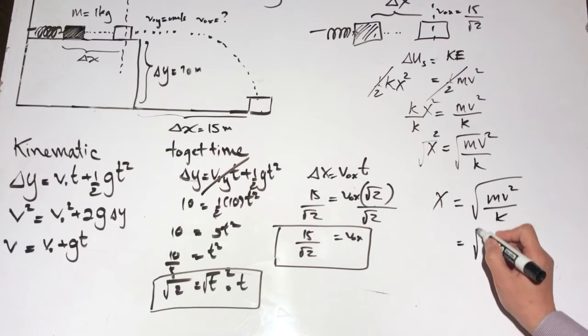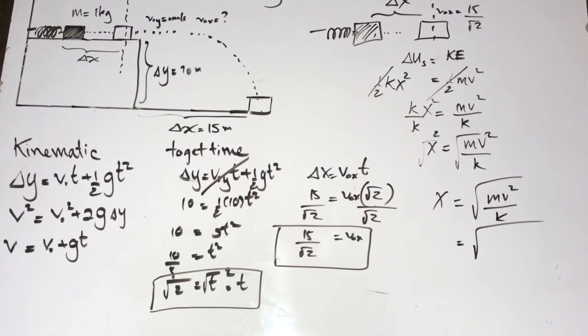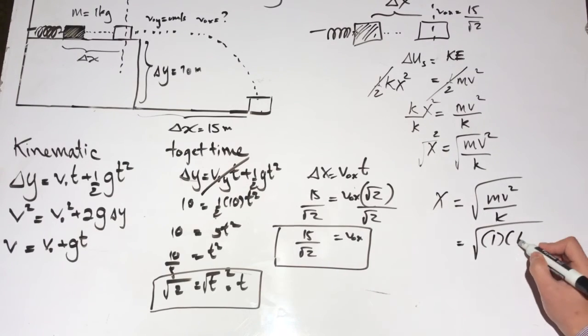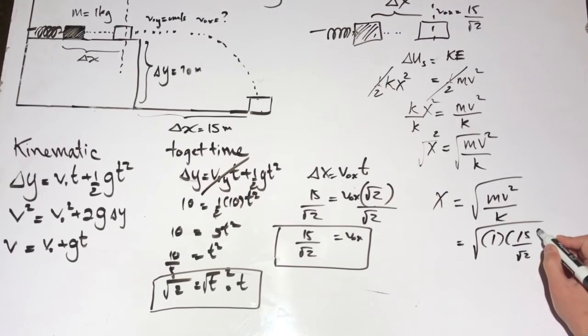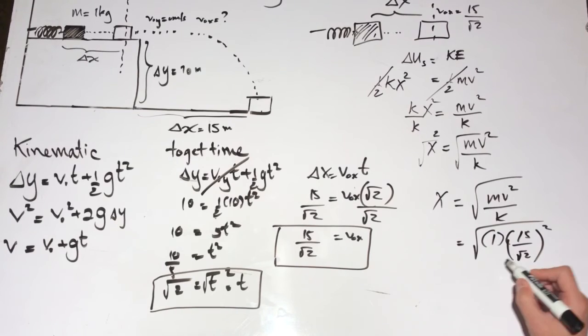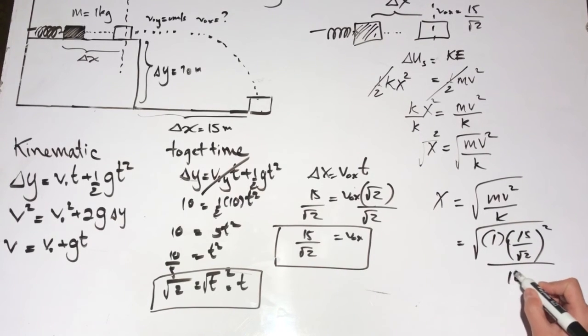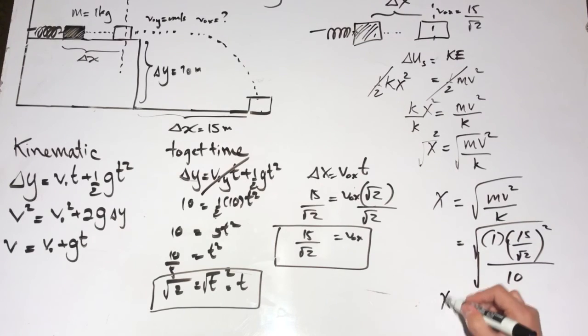Now I'm just going to replace the numbers. What's my mass? 1. Velocity, which is what we have, 15 over square root 2, squared, divided by 10. Whatever you have, that's your displacement.